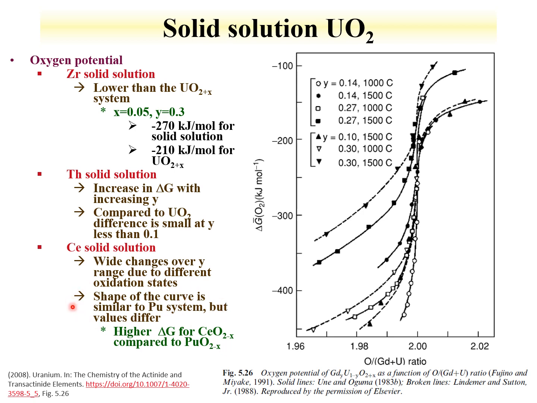The shape of this curve is similar to the plutonium system, but the value is different. So what this means is that there's data available to determine for uranium-containing solid solutions the ratio of oxygen to the metals. And this is done through evaluation of thermodynamic data, and in this case, the Gibbs free energy.